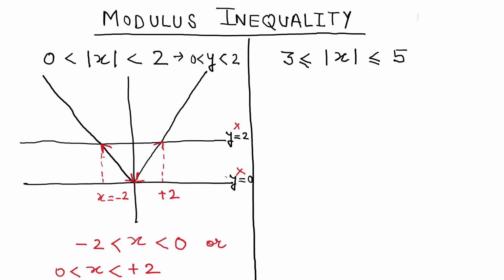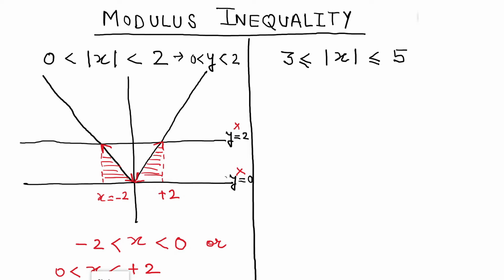If you had to shade this, the shading has to be done in such a way that it will be two right angled triangles wherein the vertices lying on the line y is equal to 2 and the vertices lying on the line y is equal to 0 will not be included. And not only the vertices, the boundary as well. I hope you were able to understand this.